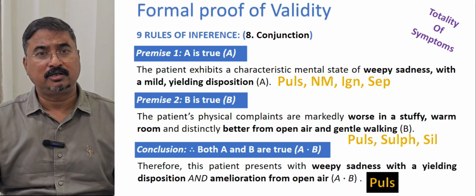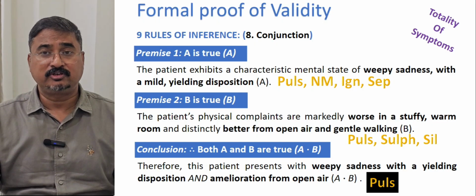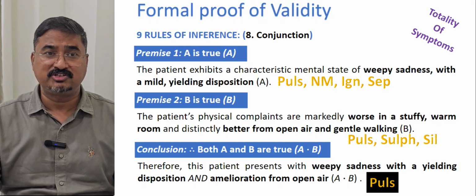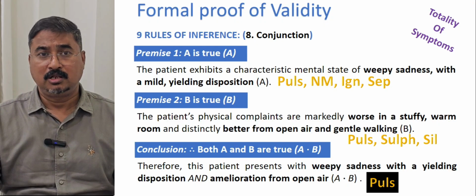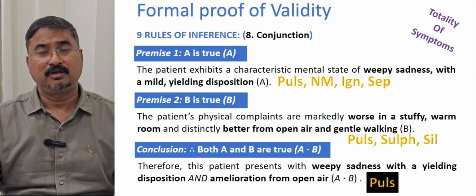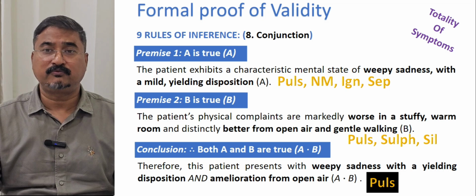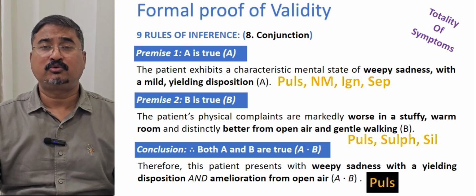If the homeopath considered only the mental symptoms, several remedies such as pulsatilla, natrum mur, ignatia, or sepia might appear suitable. Likewise, if only the physical modalities are considered, remedies such as pulsatilla, sulphur, or silicea might come into consideration. However, the homeopathic researcher does not prescribe on isolated symptoms.